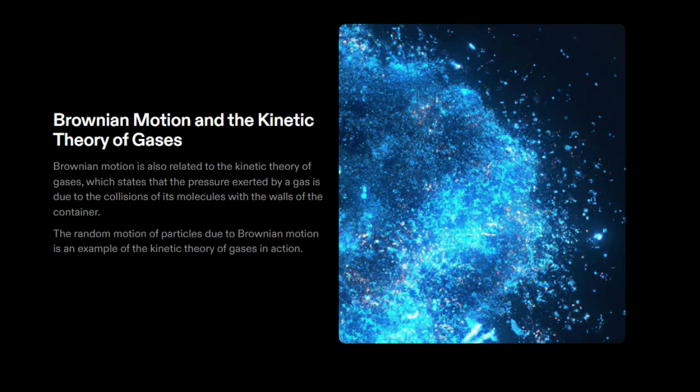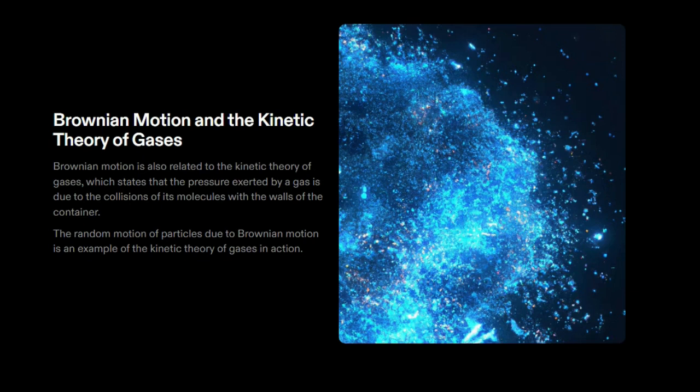The random motion of particles due to Brownian motion is actually an example of the kinetic theory of gases in action, which talks about matter having particles which are in constant motion. As kinetic theory says, these particles are moving, they have kinetic energy.